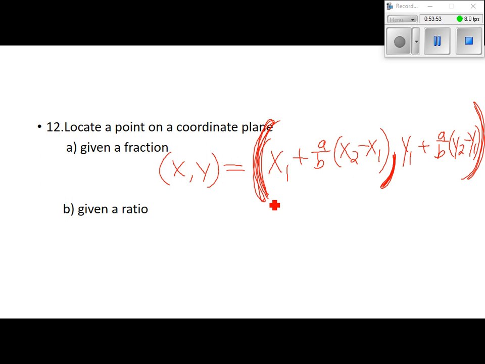I'm trying to make sure that you guys see that those parentheses on the outer edge are the whole thing, right?